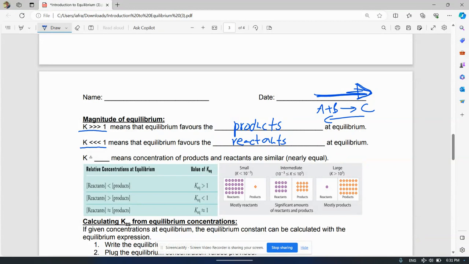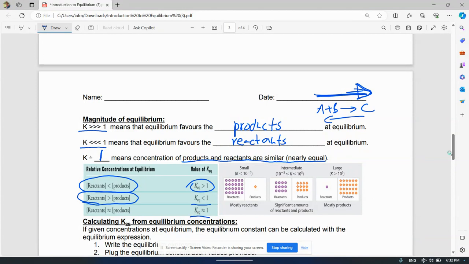But if your K is roughly equal to 1, it means that the concentrations of the reactants and products are basically very similar. They're nearly equal to each other. So K larger than 1, your products are favored. You have higher concentration of products compared to reactants. K less than 1, you have higher concentration of reactants compared to products.